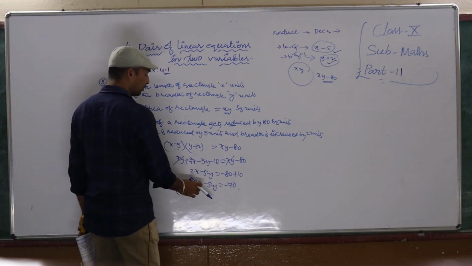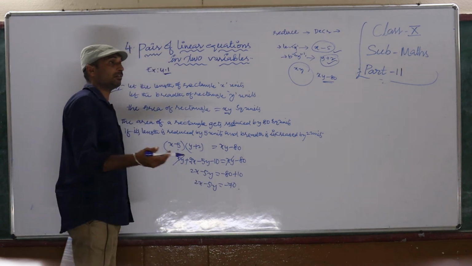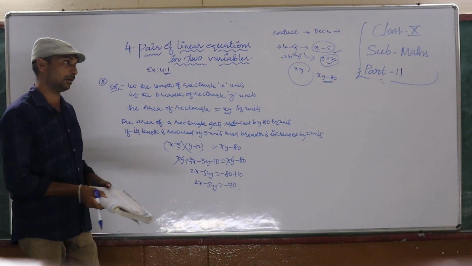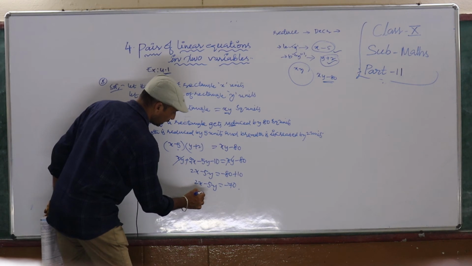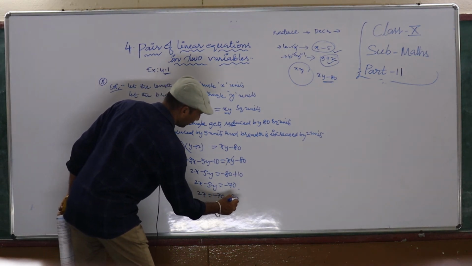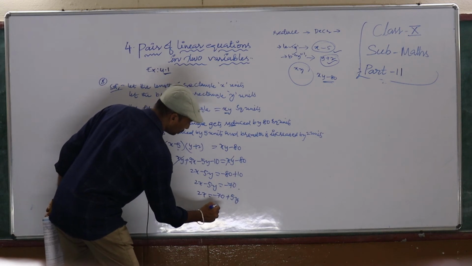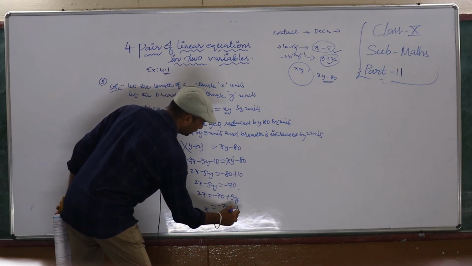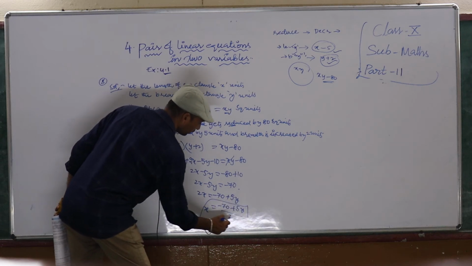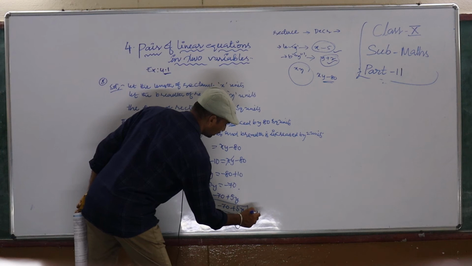Okay, from this I am finding x value as our wish. We can find x value, we can find y value, no problem. So 2x is equal to minus 70 plus 5y, then x is equal to minus 70 plus 5y by 2. This is the equation number 1.